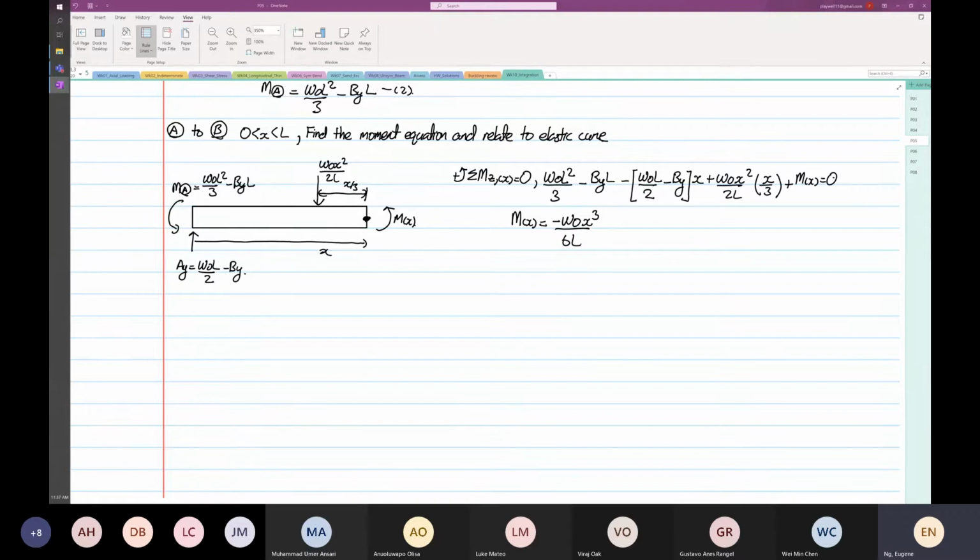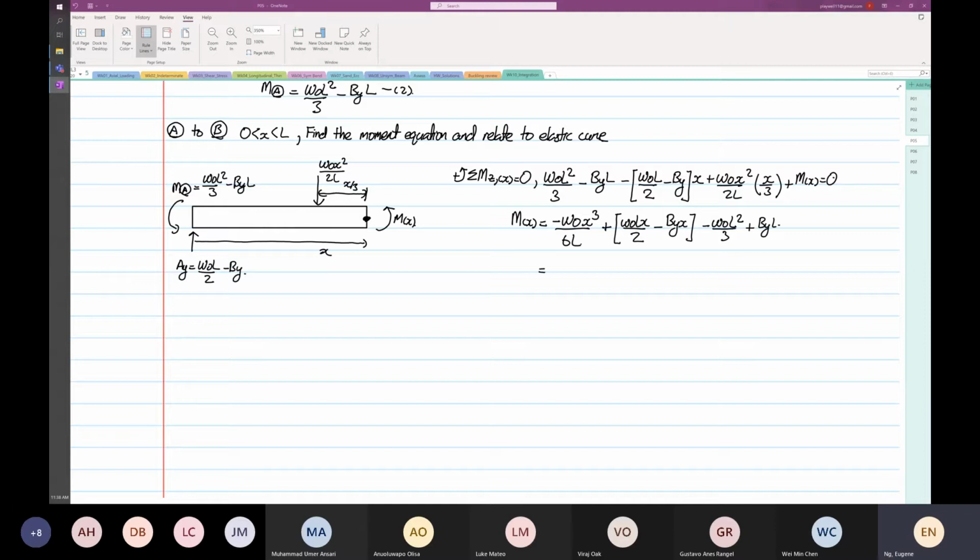Okay, then over here I need to plus (ω₀L over 2 minus By) x. Okay, then our minus (ω₀L² over 3 minus By L).